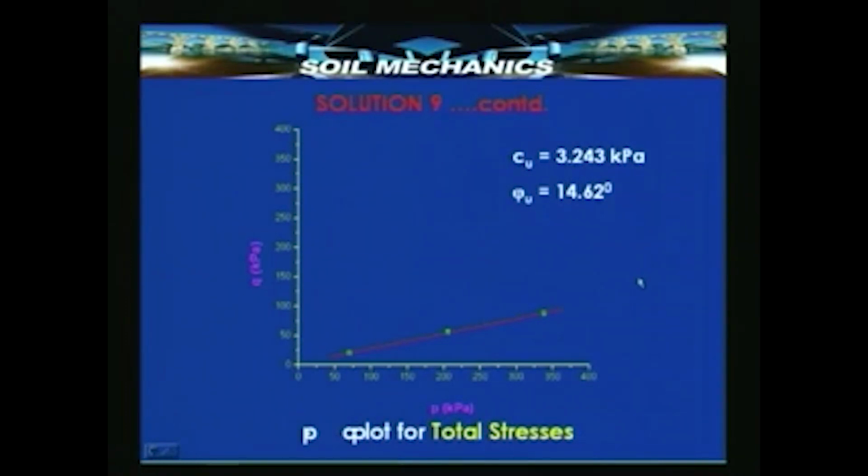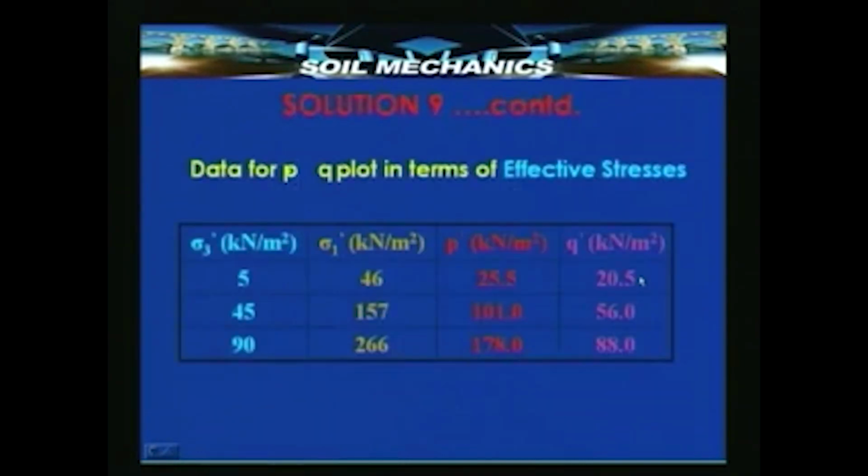If we were to use the effective stress parameters, then the data that we need for plotting the PQ graph is: sigma 3 dash is this after subtracting the pore pressure, sigma 1 dash is this after subtracting the pore pressure, P dash will be the addition of the 2 divided by 2, and Q dash is the difference divided by 2.